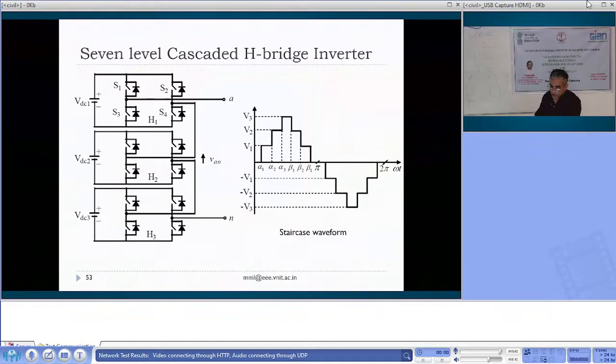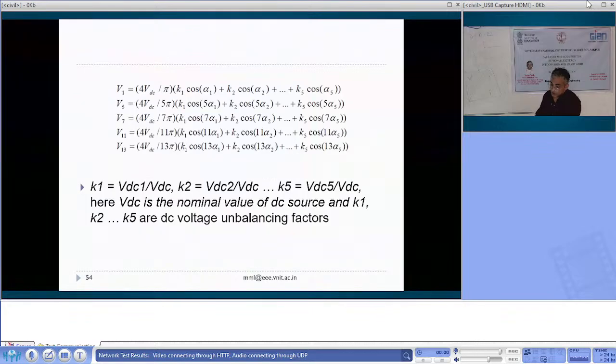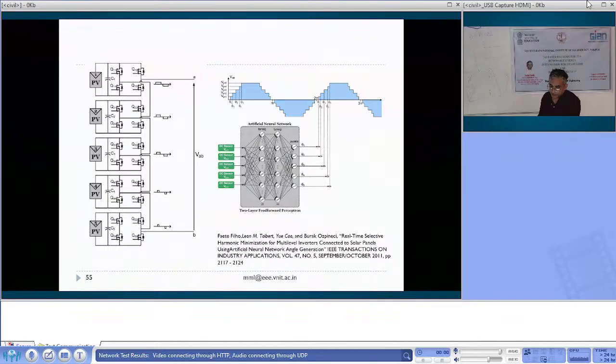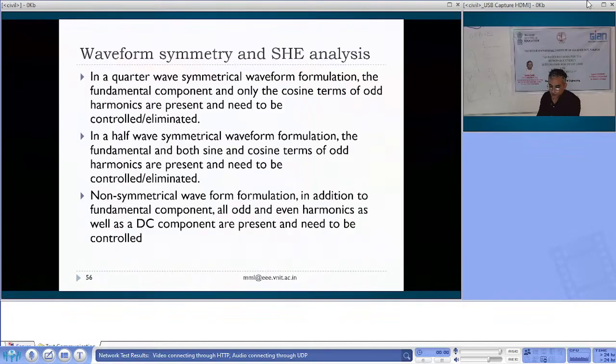You can have a 7-level cascaded H-bridge inverter, a staircase waveform you can obtain, and then you have to solve this kind of equations. Then you can apply some advanced algorithms, advanced methods, neural networks and all to solve this. So this completes the selective harmonic elimination part.